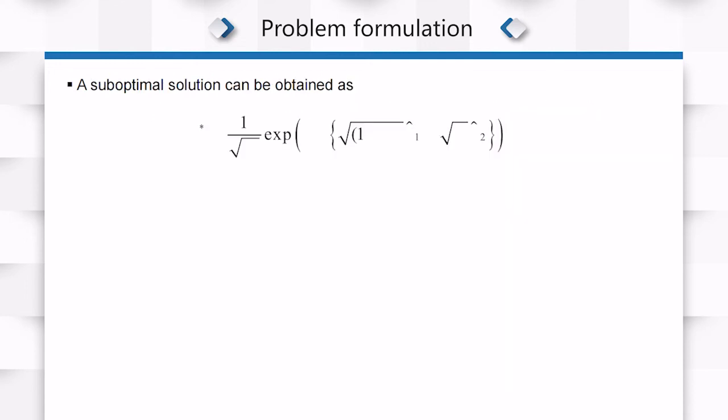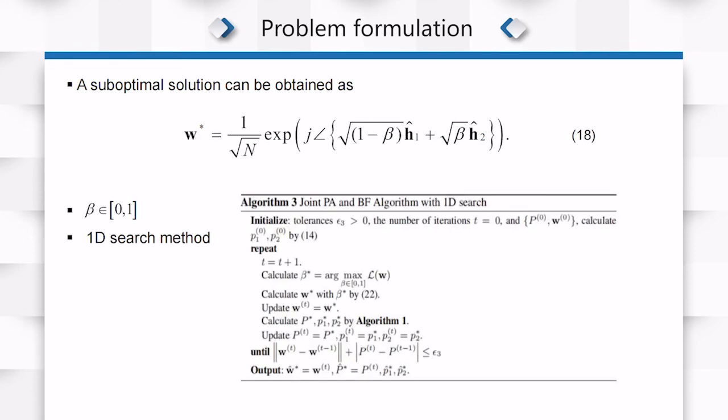Then a suboptimal solution can be obtained. Due to that beta belongs to 0 to 1, we can use the one-dimensional search method to solve the beamforming design problem. In conclusion, the second suboptimal joint design scheme is summarized as algorithm 3.